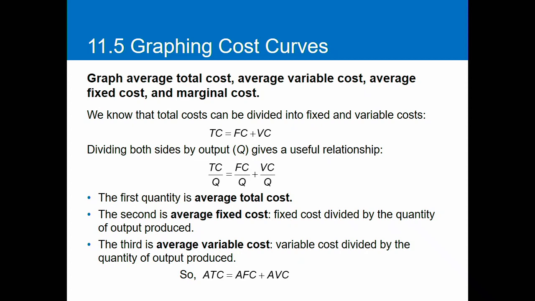If we divide both sides by the output, we can get another relationship to work with. The first is the average total cost, the total cost divided by the quantity produced. The second is the average fixed cost, the fixed cost divided by the quantity produced. And the third is the average variable cost, the variable cost divided by the quantity produced. So we can also say that average total cost equals the average fixed cost plus the average variable cost.